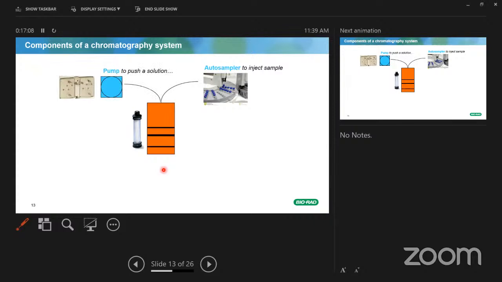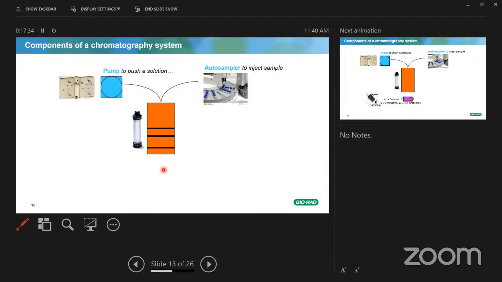The second component with respect to liquid chromatography is the pump. The pump is required to push the solvent, the mobile phase, into the column. It can be isocratic, or it can be 2 or 3 different mobile phases going into the column, depending upon the method we select. So this is the second important component.